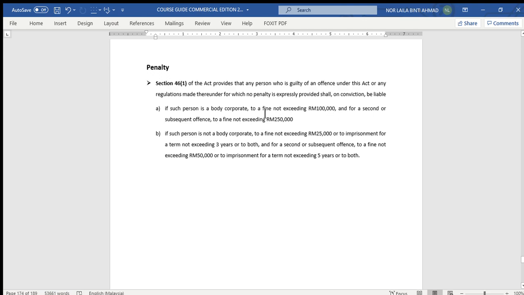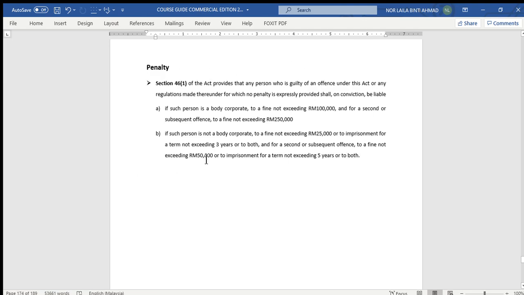So kalau company, corporations, okay, partnership, okay, for a second or subsequent offence, fine not exceeding 250,000 ringgit. If he is not a body corporate, means that a person, so fine not exceeding 25,000 ringgit and other imprisonment for a term not exceeding 3 years, or to both for second or subsequent offence to fine not exceeding 50,000 ringgit or to imprisonment for a term not exceeding 5 years, or to both.